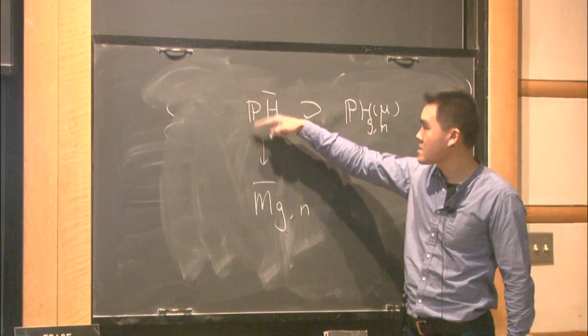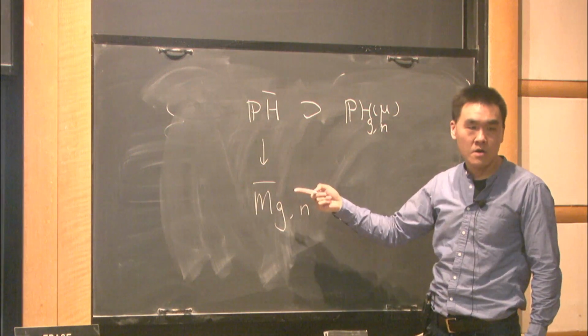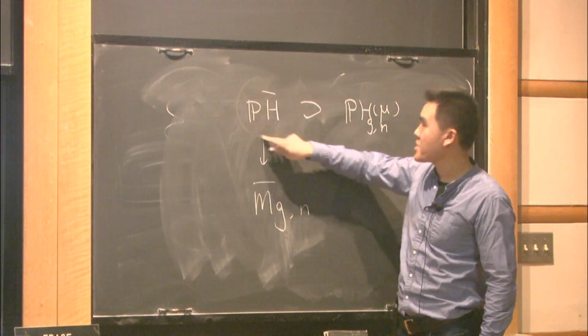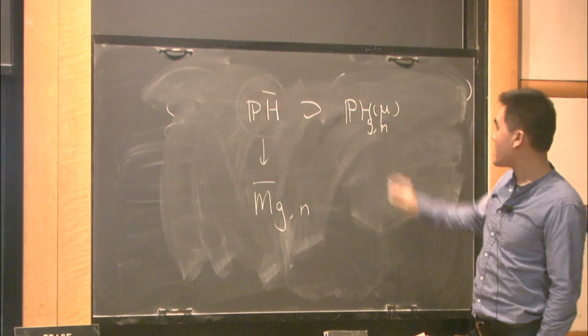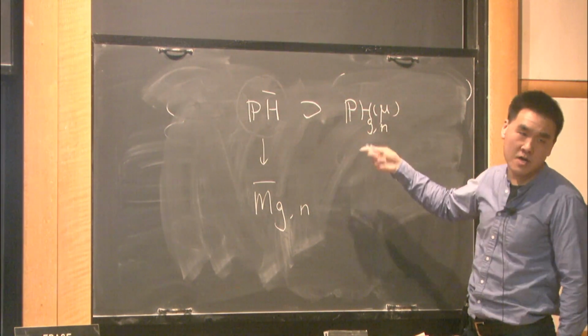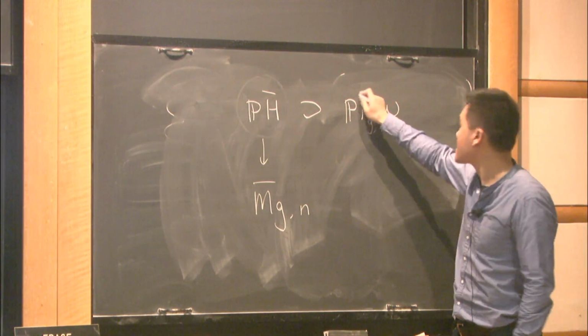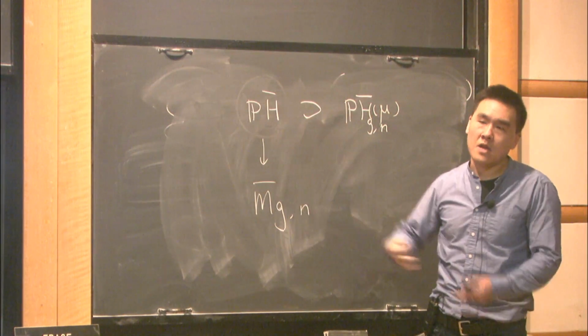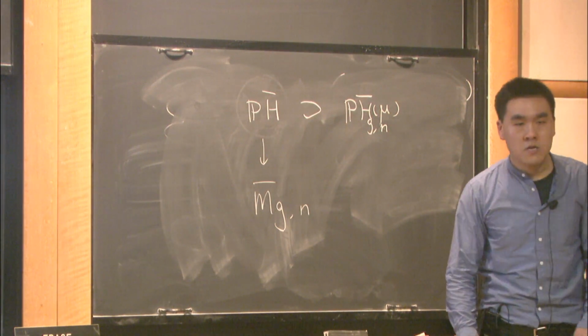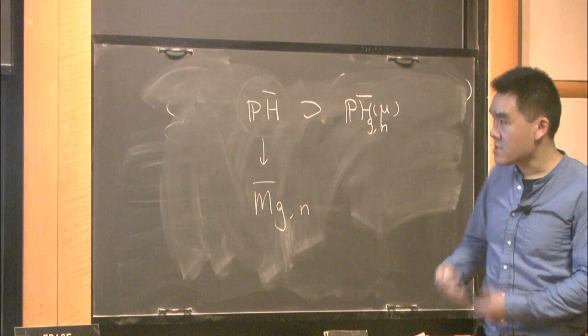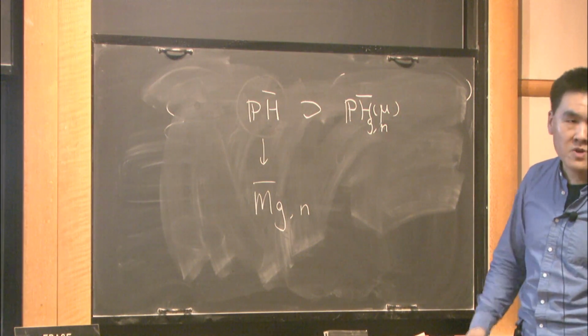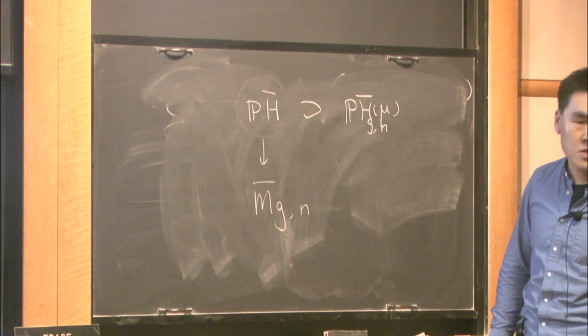So everything lives inside the projectivized Hodge bundle over M_{g,n} bar. So I have a projective variety, and I can have a quasi-projective subvariety. I can simply take its closure, whatever it is, and I just get some closed subvariety. So that's the compactified stratum I'm going to use to carry out some intersection calculation.